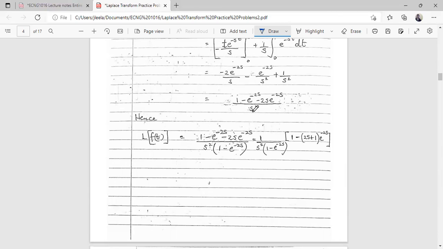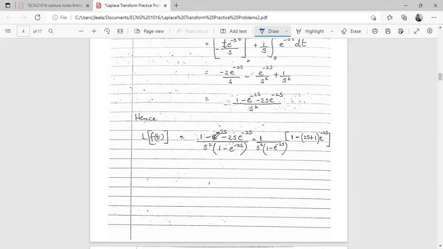And the LCM here is s squared. So this term here we have to multiply by s. So you get 1 minus e to the minus 2s minus 2s e to the minus 2s all over s squared. And then you have to divide this by 1 minus e to the minus 2s, which is the period.